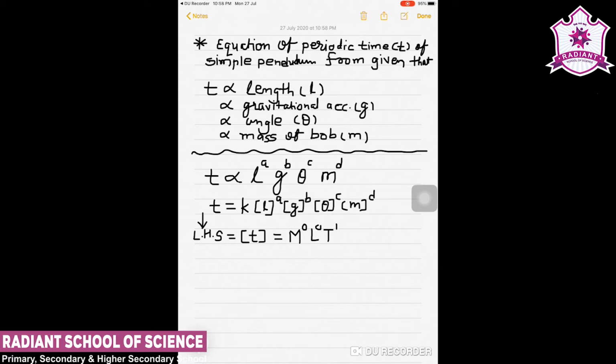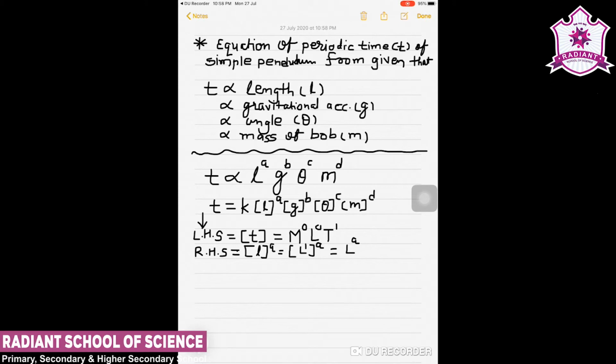Now for the RHS, we can similarly compare them in this manner. Say length has a power a, and length has a dimension of length only, so it will be L to the power a.